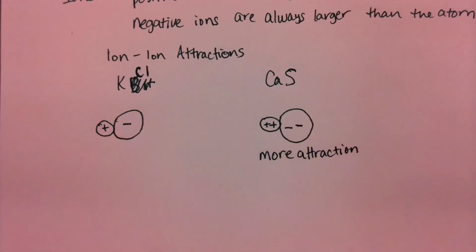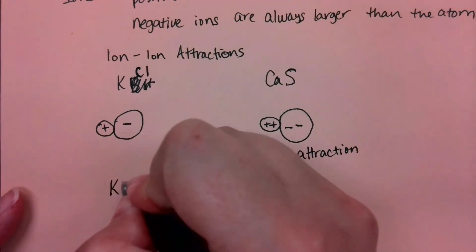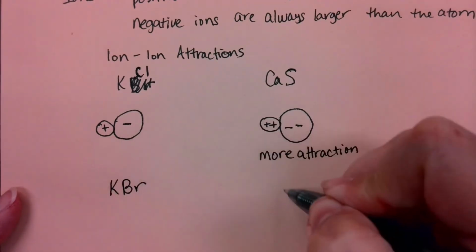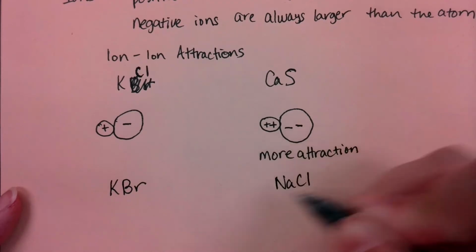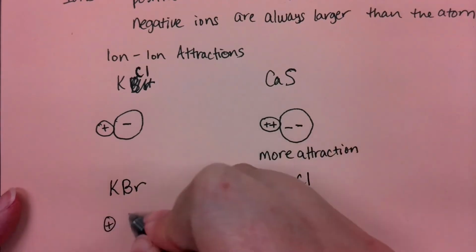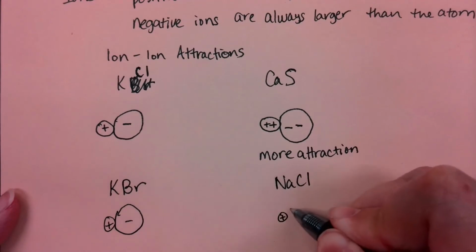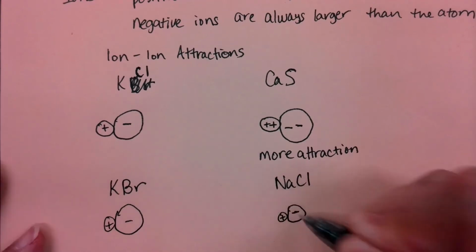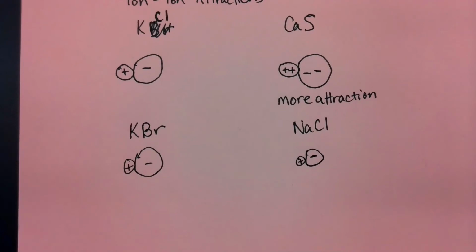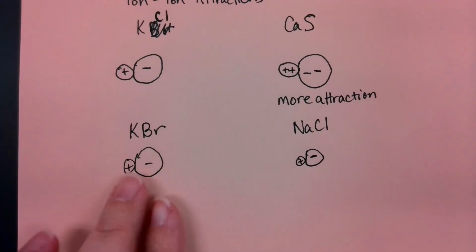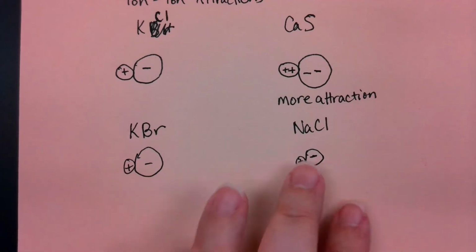Then if we think of two that have similar charges but different sizes, let's look at KBr versus NaCl. Potassium and bromine are both below sodium and chlorine, so the KBr is bigger than the sodium chloride.